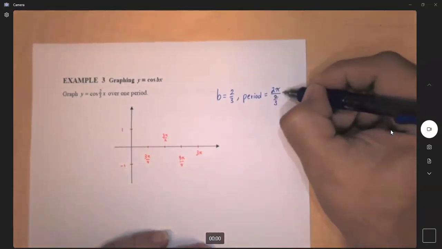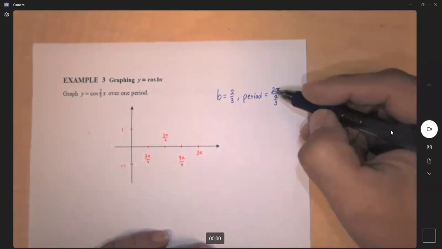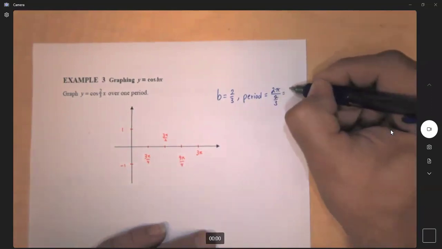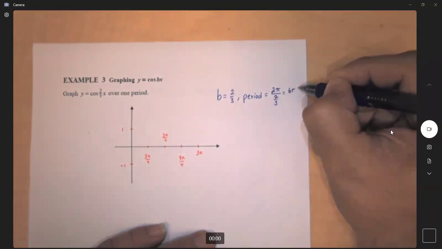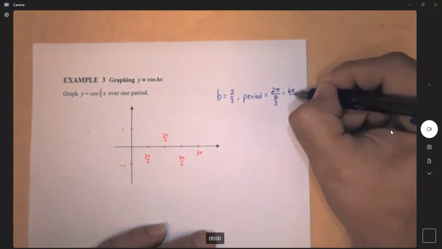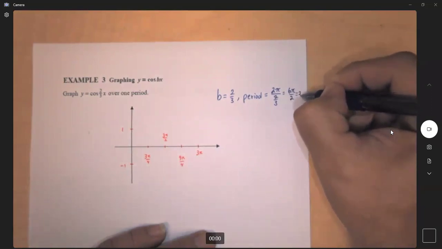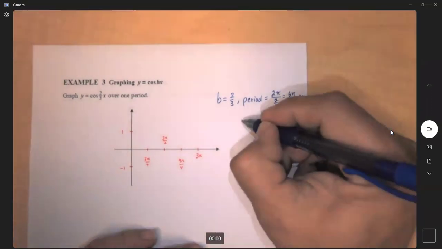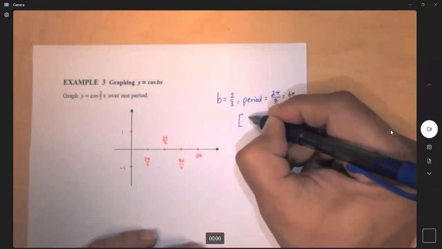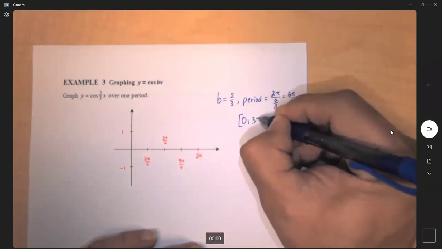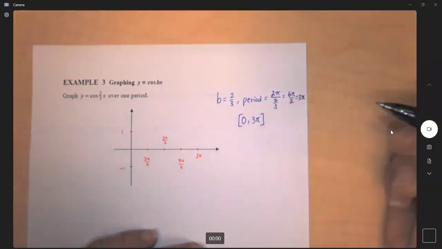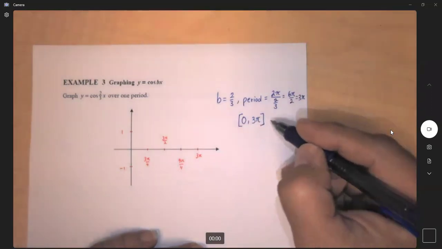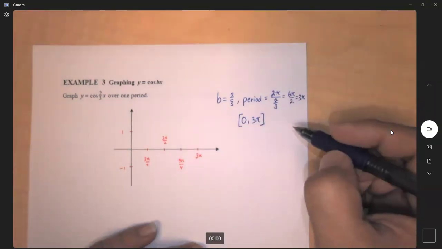And if you divide that, the 2/3 flips over and you get 6 pi halves, which is 3 pi. So that's our new period. And that means our interval that we're going to graph is between 0 and 3 pi. And then divide those into the 4 intervals.